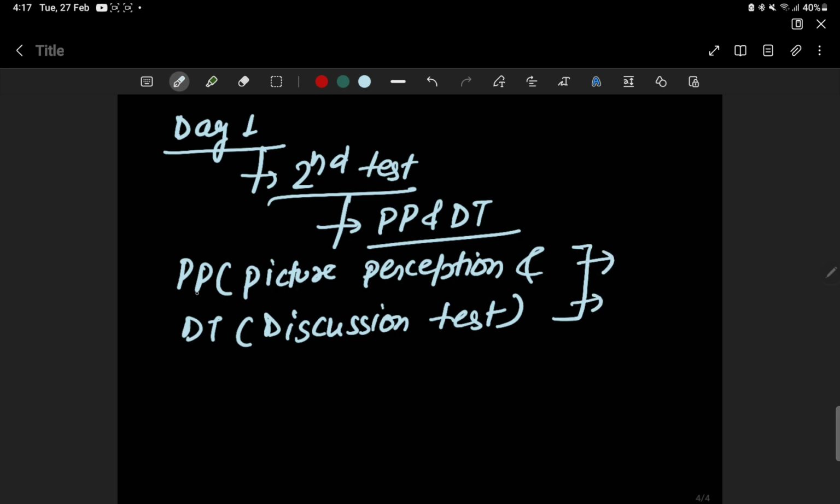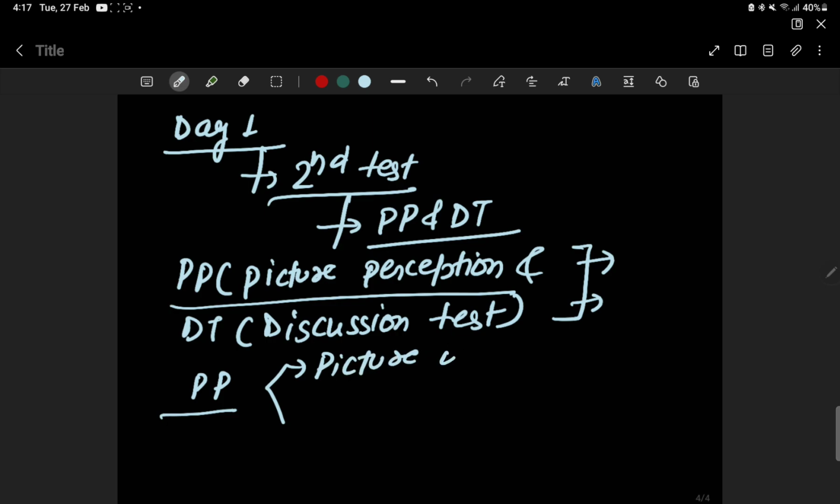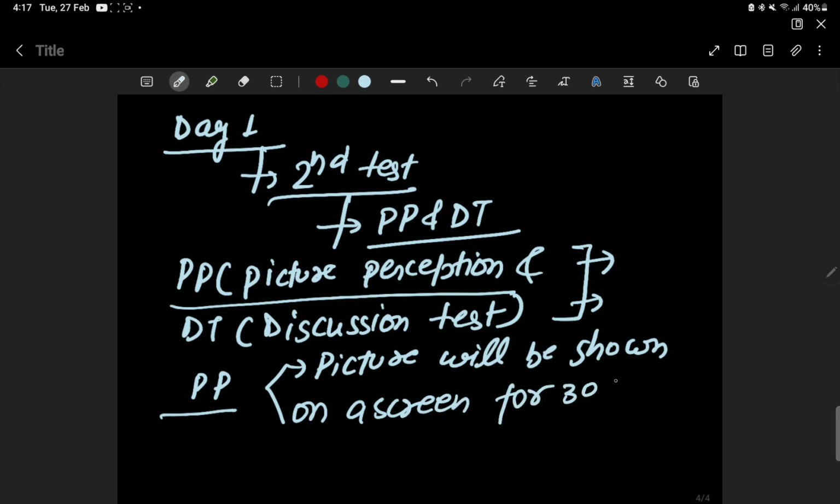So basically what is PP? PP is picture perception, which means a picture will be shown on a screen for 30 seconds. The picture is a hazy picture, which means it is not very clear.